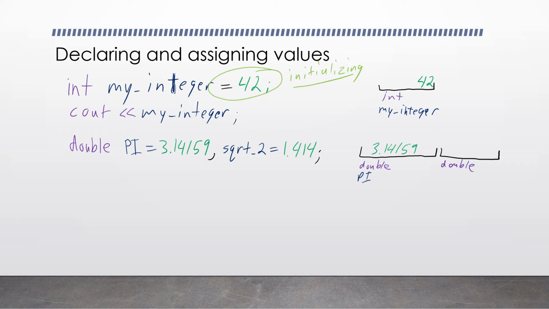Remember, this only works if they're all the same type. Name, square root of 2, and value 1.414.